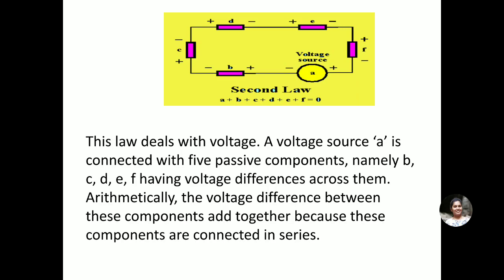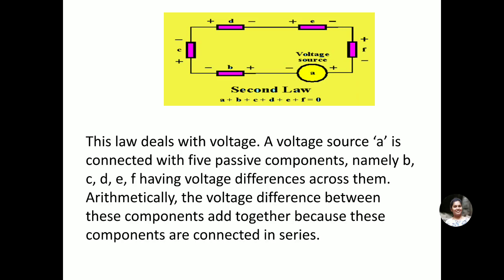Here the voltage source A is connected to five passive components, namely B, C, D, E and F. These have different voltage differences across them.